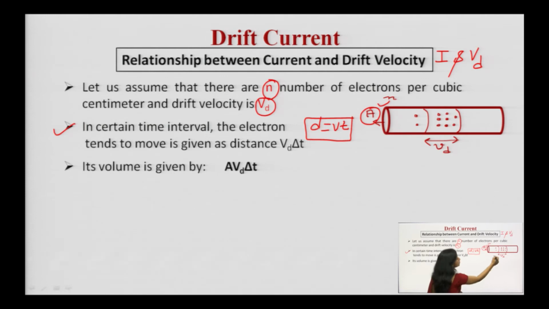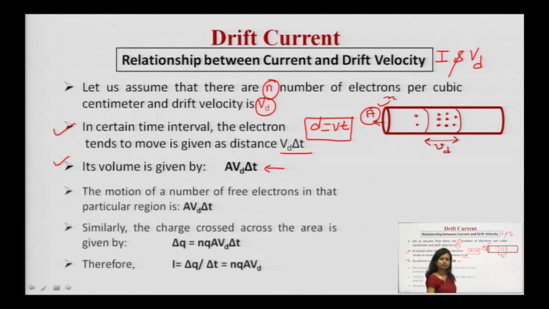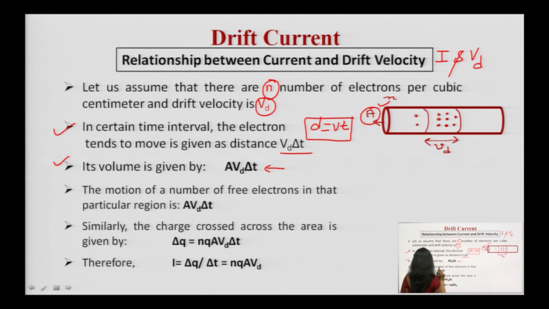Here electrons are drifting with a drift velocity Vd. So the term is Vd into delta t. We are observing in a small time interval, so we have taken delta t. Its volume can be given by this particular term, A times Vd into delta t.